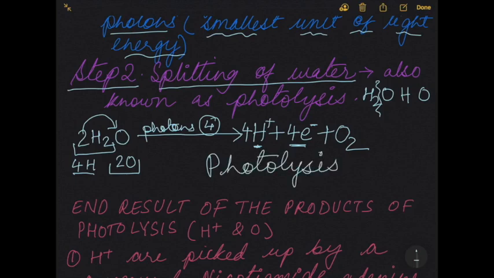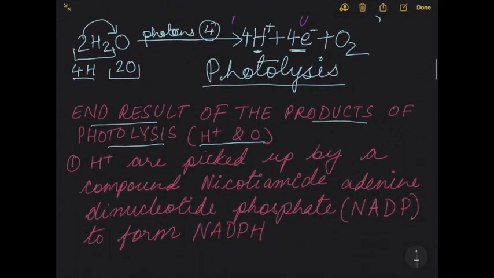That means if you are to define photolysis, what will you say? It is defined as the splitting of water molecules into hydrogen ions and oxygen in the presence of light. So coming to the end result of the products of photolysis, what are we getting in photolysis? We are getting hydrogen ions and oxygen.